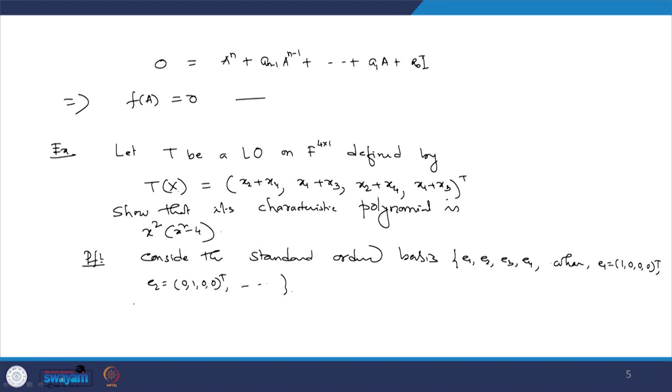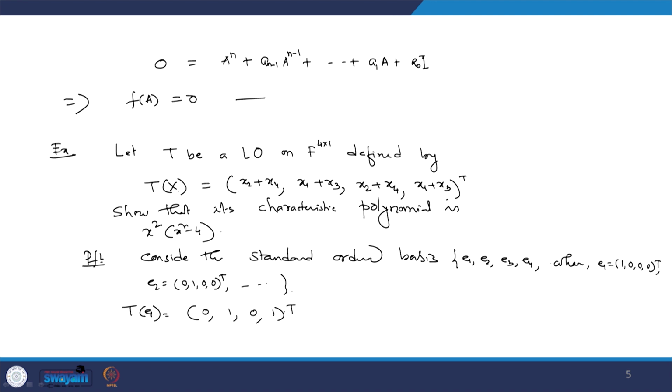So, we see that T of E1 equal to what? T of E1 is (0 1 0 1) transpose.